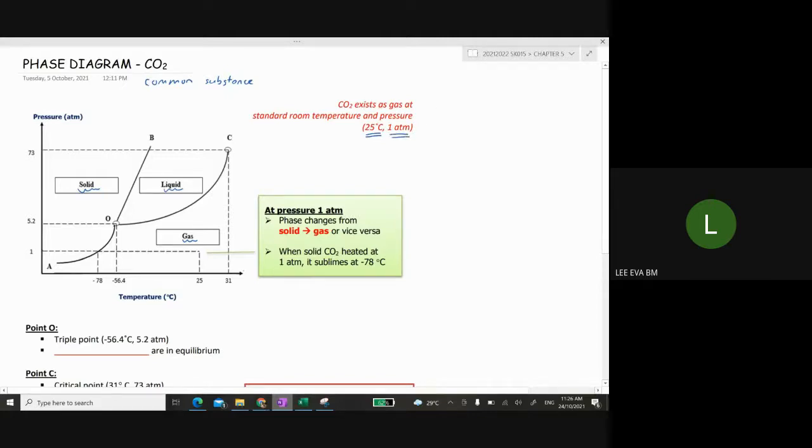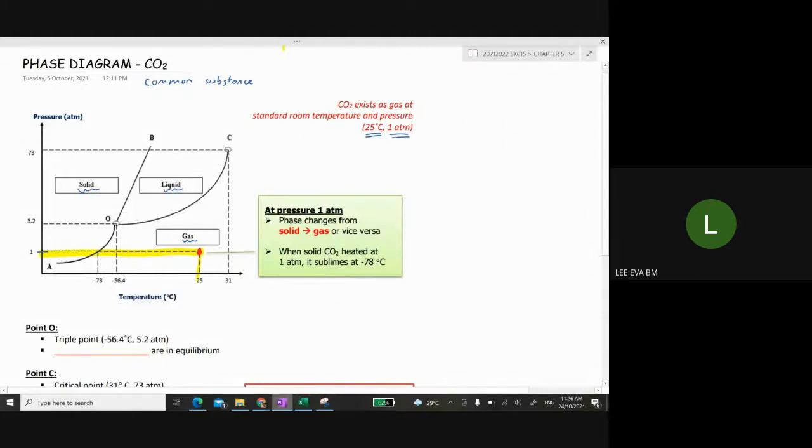According to this phase diagram, this is your 1 atm along this line, and then the temperature 25 degrees Celsius over here. You can clearly see that at this temperature and pressure, we find our carbon dioxide in the gas phase, because it's situated in the area of the gas phase.